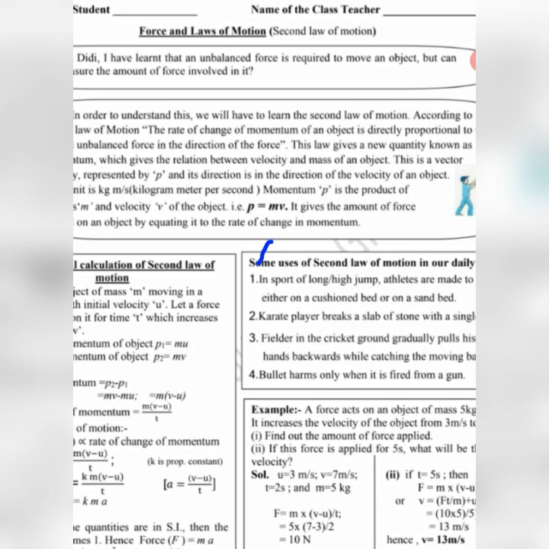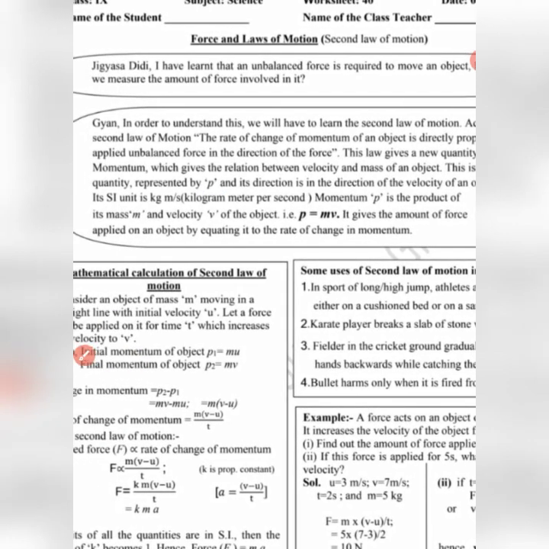Momentum, and it is represented by the symbol P. As we know, it is a vector quantity. That means, being a vector quantity, its direction is in the direction of velocity, the direction in which the velocity is acting. So the momentum is also in the same direction.